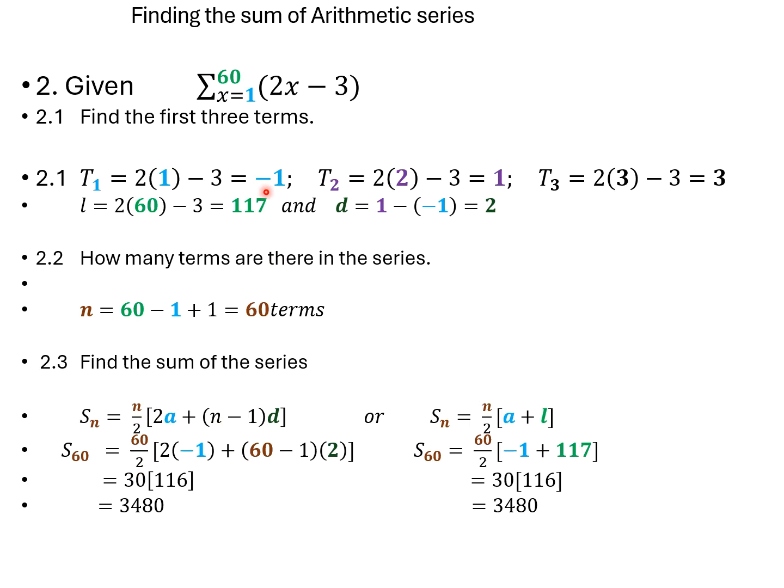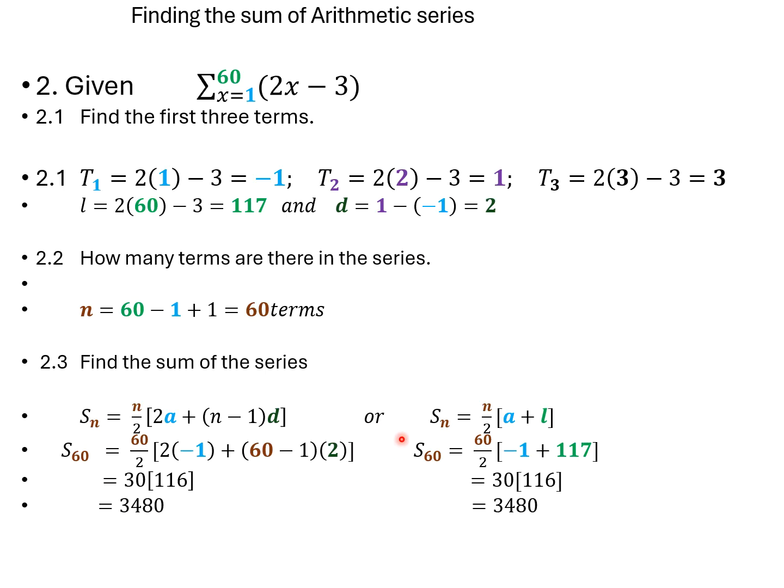A, my first term there in blue, is minus 1, and d, my common difference, is 2. So 60 minus 1 gives me 59. 59 times 2 gives me 118. 118 minus 2 gives me 116, times 30 would then give me 3480.